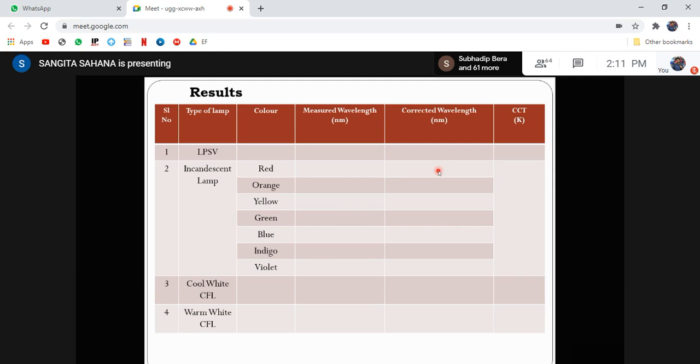Then if there is any error in the instrument, whether it's positive error or negative error, you have to correct it, and then the CCT. Here I have shown only the case for the incandescent lamp, because you know that for the incandescent lamp we will get all the colors, so you have to write down the range. Similarly, for the other three lamps, you have to write down the observed colors and the corresponding wavelength.